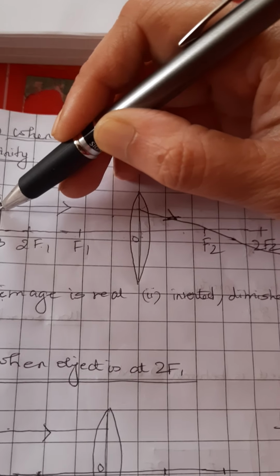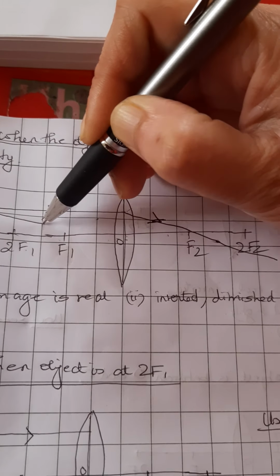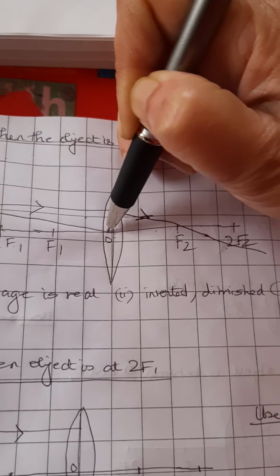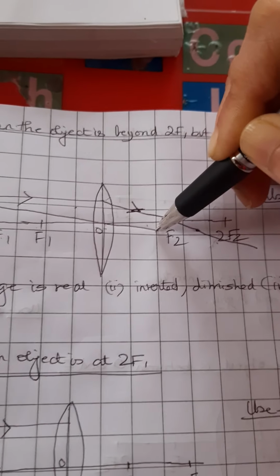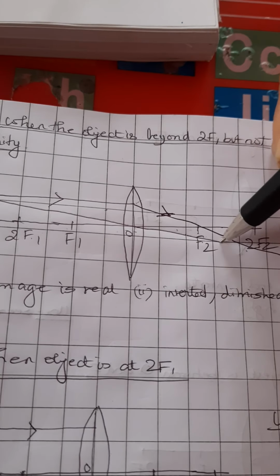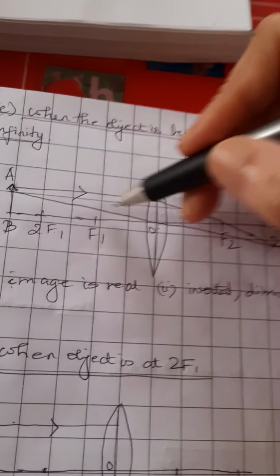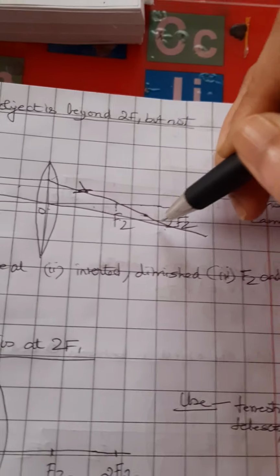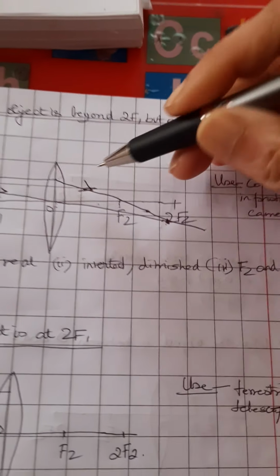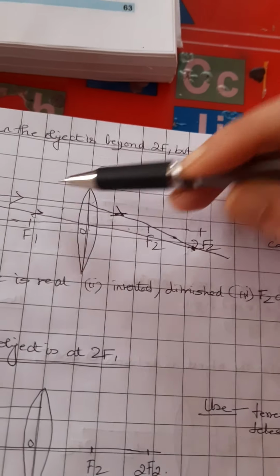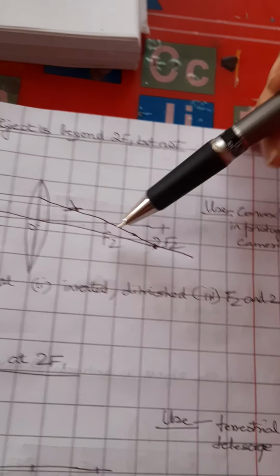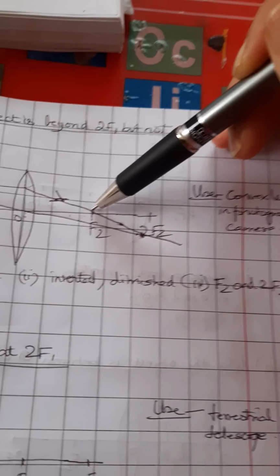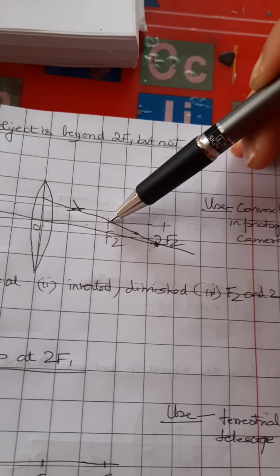This is the ray passing through the optical center, and it will cross the other ray. One ray is parallel to the principal axis and passes through the second principal focus.